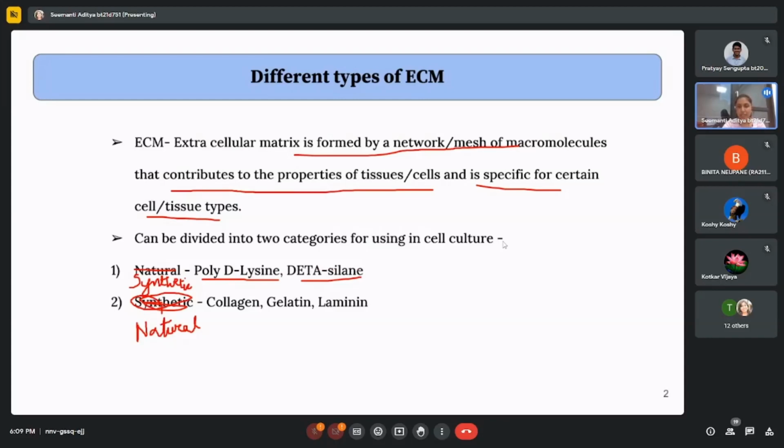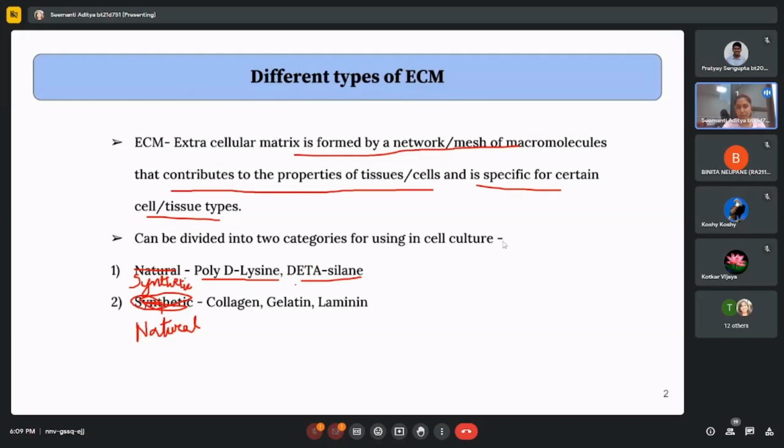Also, beta-silane: silane is made up of silica, and there are different categories depending on how many adjacent nitrogen-containing peptide sequences are attached to the silica.